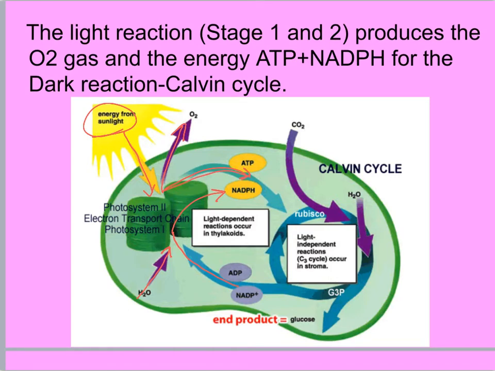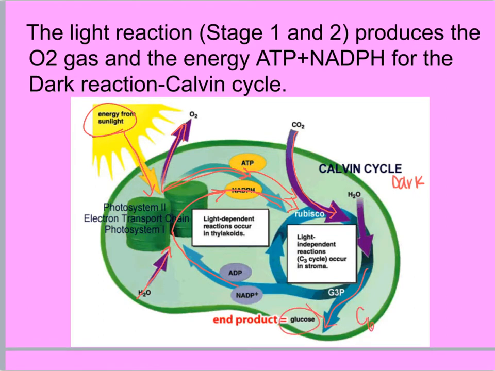The Calvin cycle is the dark reaction. Okay, so that ATP and NADPH, which were products of the light reaction, they are now reactants to the dark reaction. Another reactant is carbon dioxide. Okay, and so what's going to happen is that carbon dioxide, ATP, and NADPH is going to produce glucose, and that's what we really want.